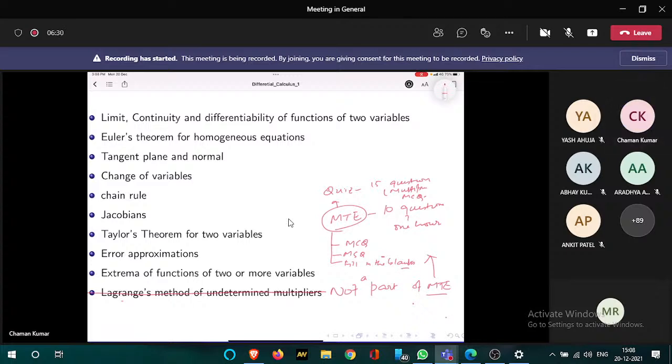In fill in the blanks, you have to do some calculations on your copy at home, and then you have to write your final answer. All this quiz as well as the midterm examination will be conducted on the Moodle platform.